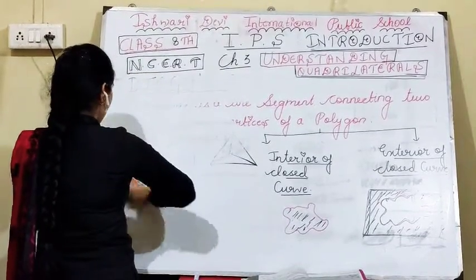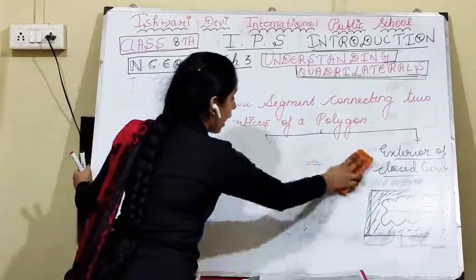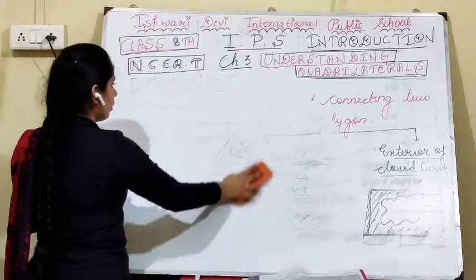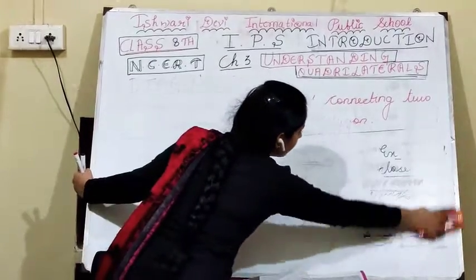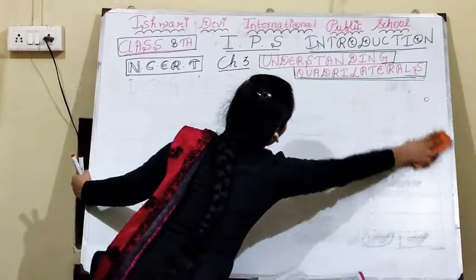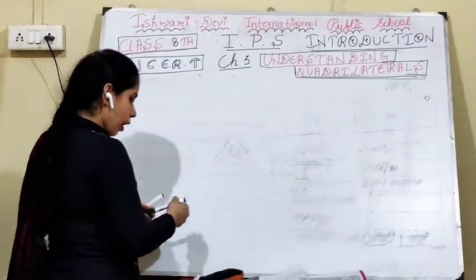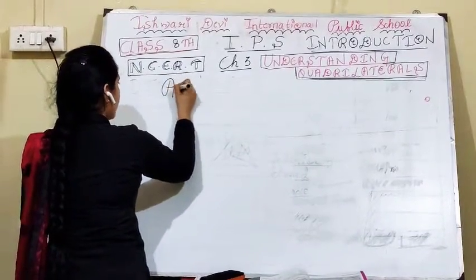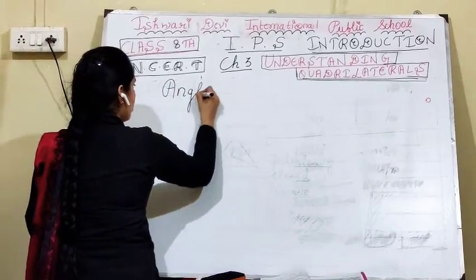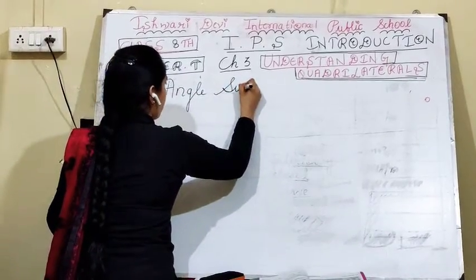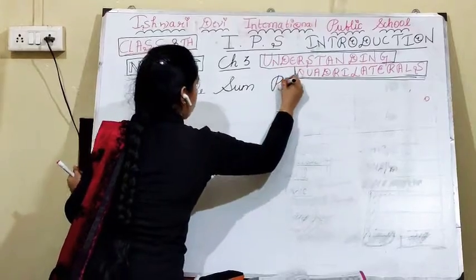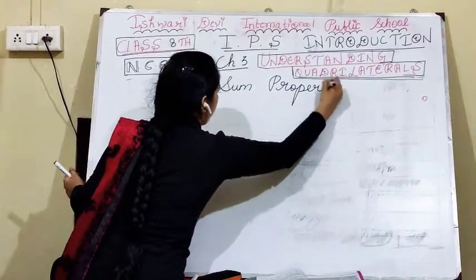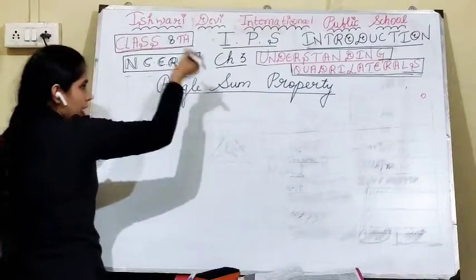Now we'll come to our next topic which is really very important: the angle sum property. You know, we have already learned the angle sum property in the last chapter. So now we will see the angle sum property of a quadrilateral, because we are learning quadrilaterals.